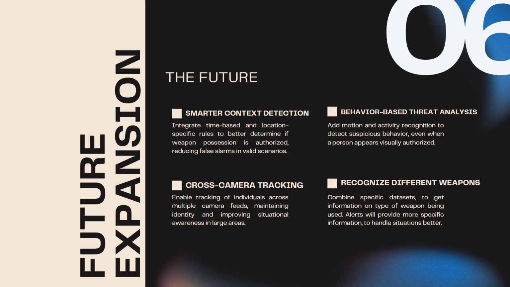Some more ideas we had for future expansion include smarter context detection based on location and time, and behavior-based threat analysis, so an AI can flag suspicious behavior even if it's an armed personnel. Cross-camera tracking, so to be able to handle multiple inputs across multiple camera feeds, and recognizing different weapons based on the requirements.